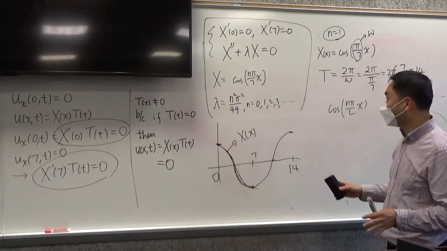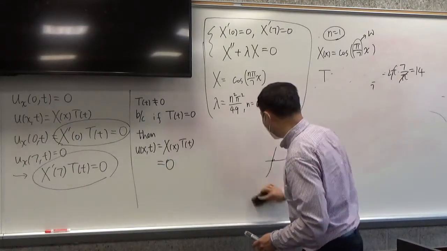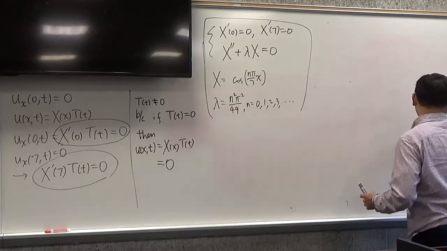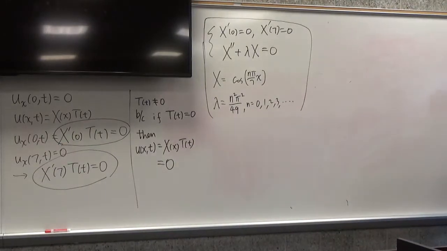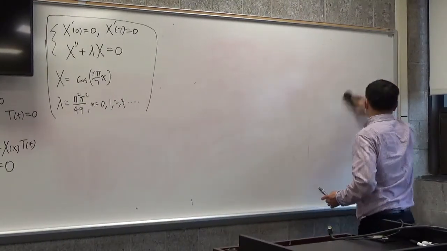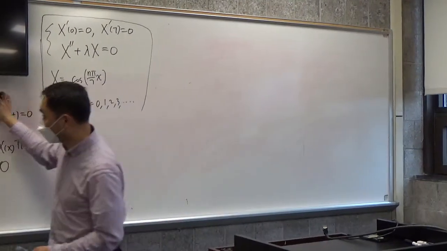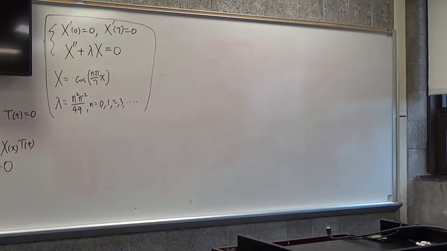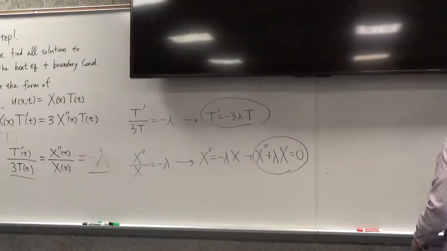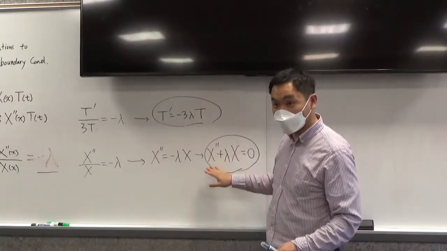Okay, where were we? We kind of got caught up with this one. So once you accept that that's the solution, now we have to go back and see what it implies. So let me erase this. Let me come back over here. So we had two sets of equations from the heat equation, right?